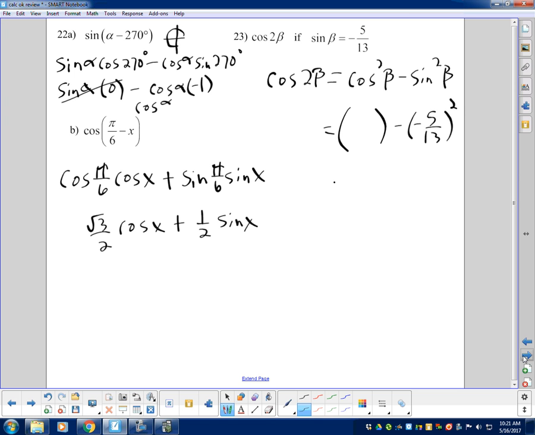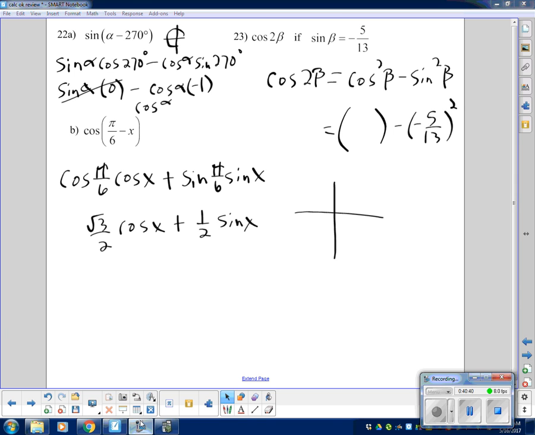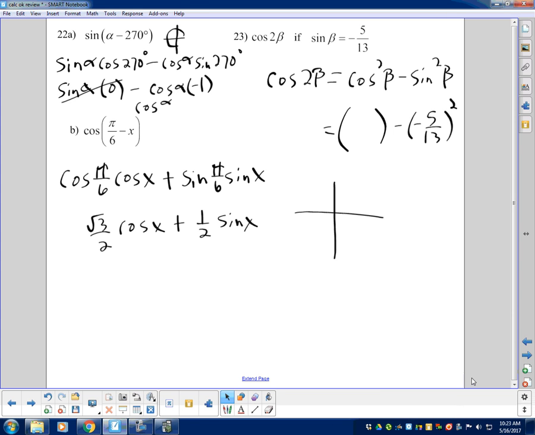So if sine of beta is negative 5/13, then if we draw our picture here, we'll go ahead and figure out what cosine beta is. It says beta terminates in quadrant 4, so we're in quadrant 4.